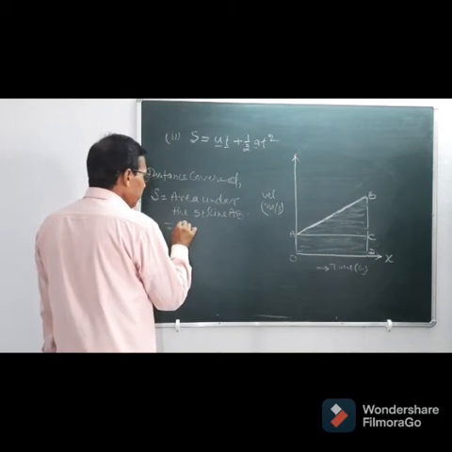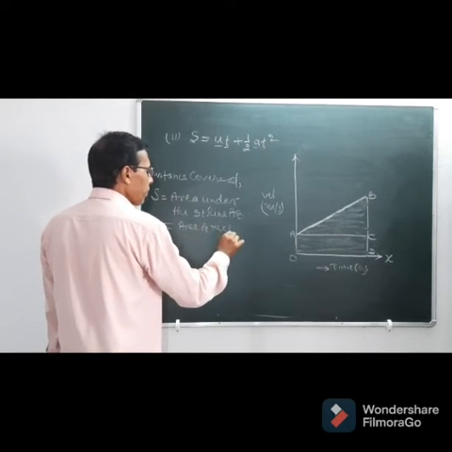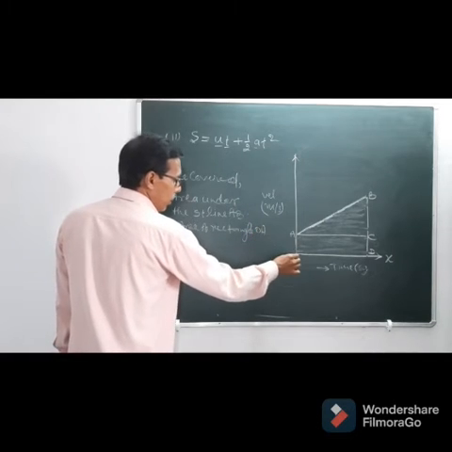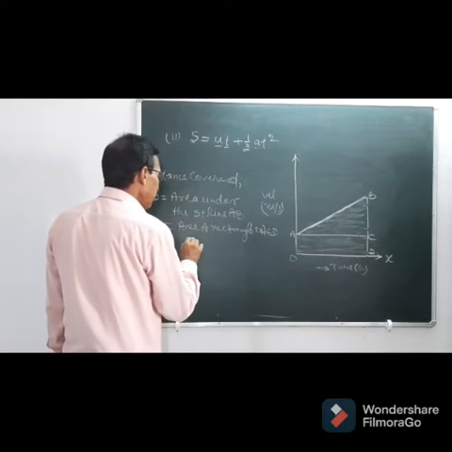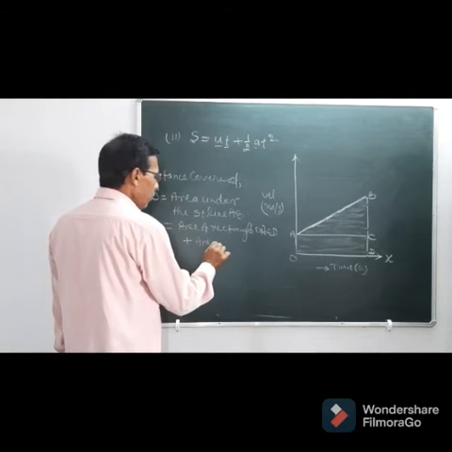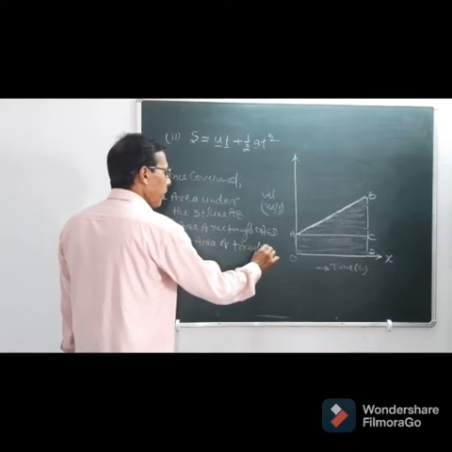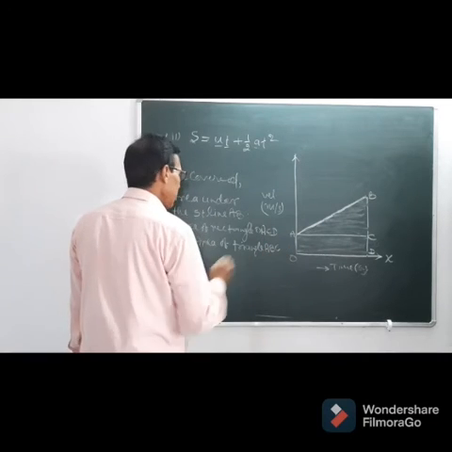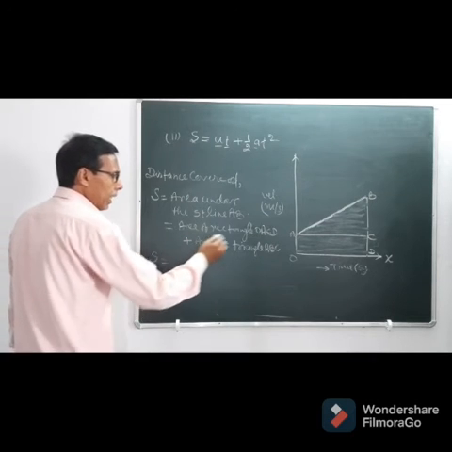So here we write: area of rectangle OACD plus area of triangle ABC. So S is equal to the area of the rectangle.